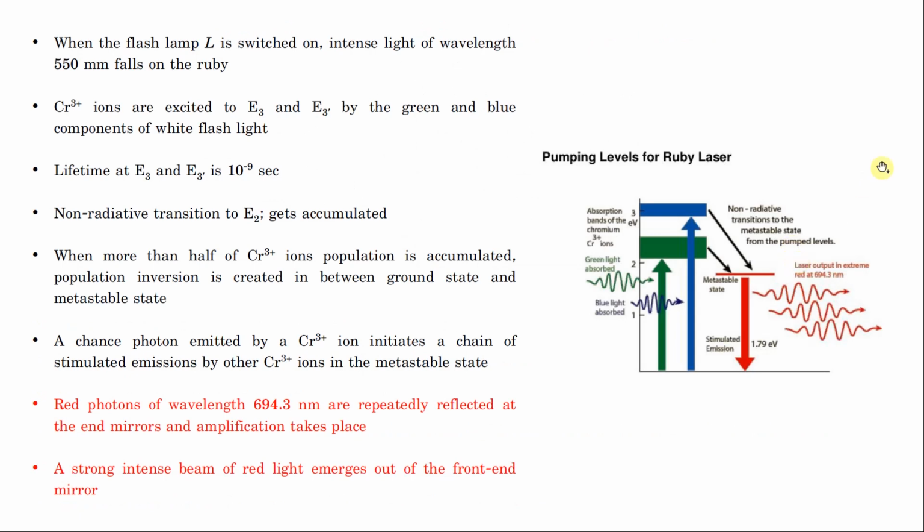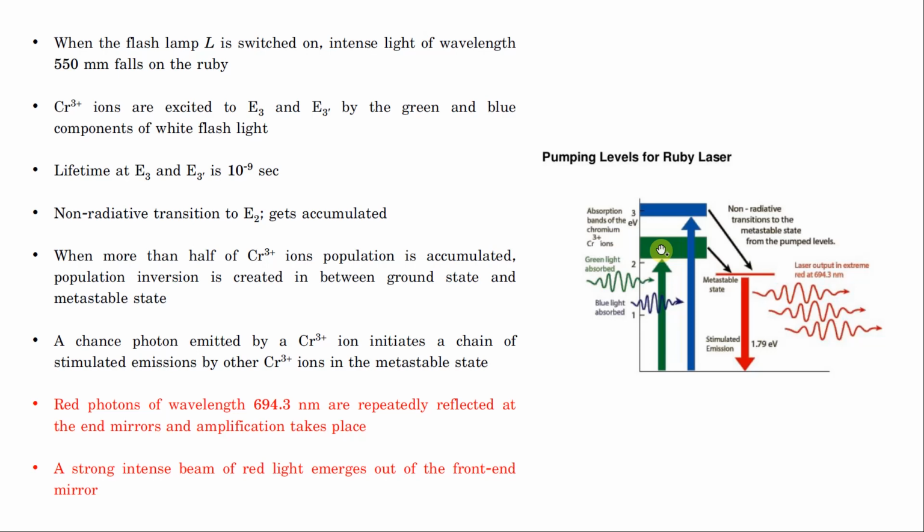The chromium 3+ ions in their ground state will absorb the green and the blue colors of the light. Once they absorb the blue and the green portions of the white light, the chromium 3+ ions get excited to a higher energy level.